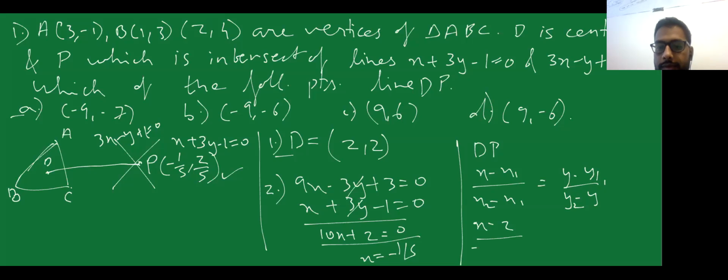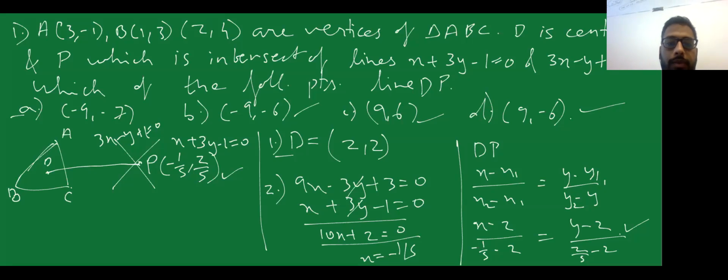So minus 1 by 5 minus 2. Y minus y1, y2 minus y1. So that's 2 by 5 minus 2. So after simplifying this, you'll get one equation.